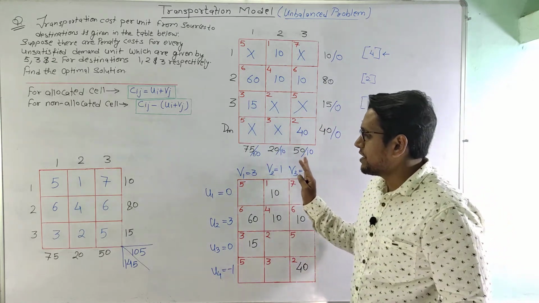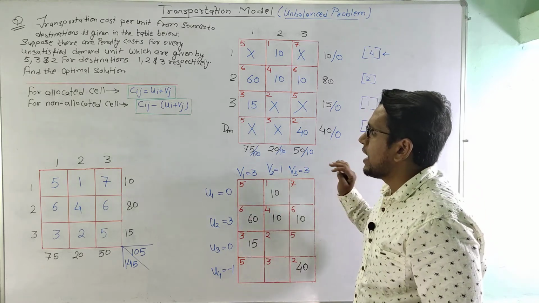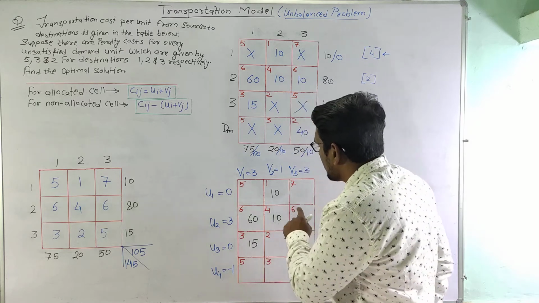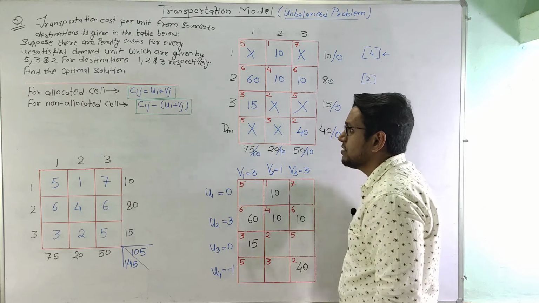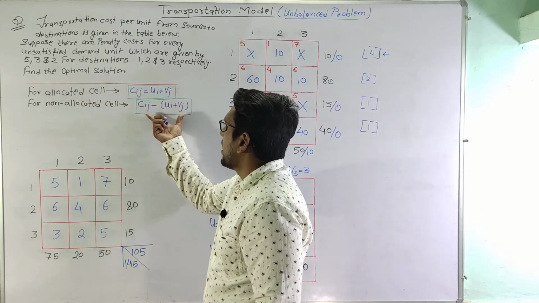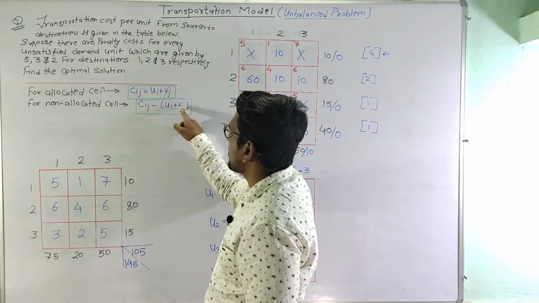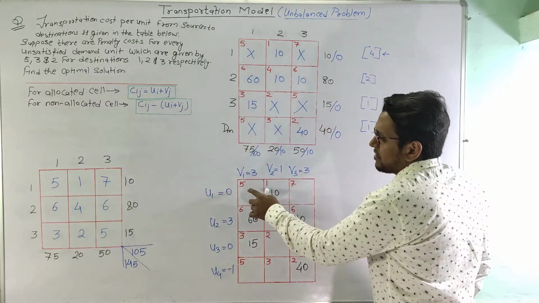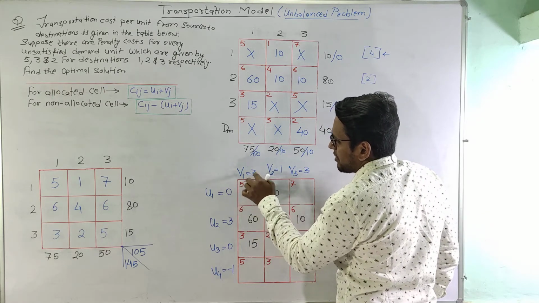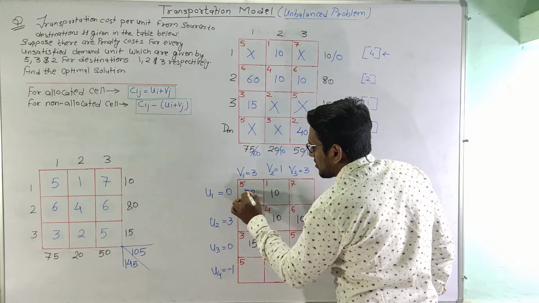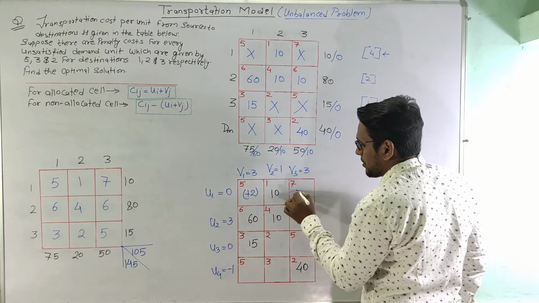Now we have calculated the values of u's and v's, and now we need to calculate the values at the non-basic cells. So these are non-basic cells, and we calculate the value at a non-basic cell as Cij minus of ui plus vj. So Cij is 5 minus 0 plus 3, that means 5 minus 3 is plus 2. Similarly, 7 minus 0 plus 3, that means 7 minus 3 is plus 4.